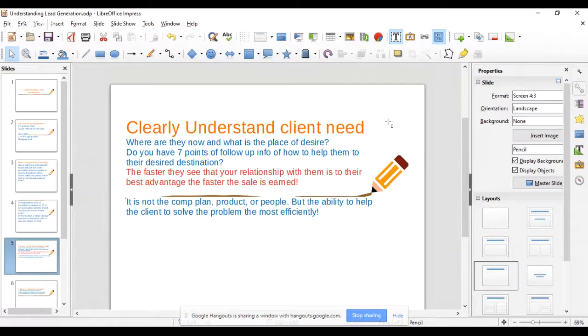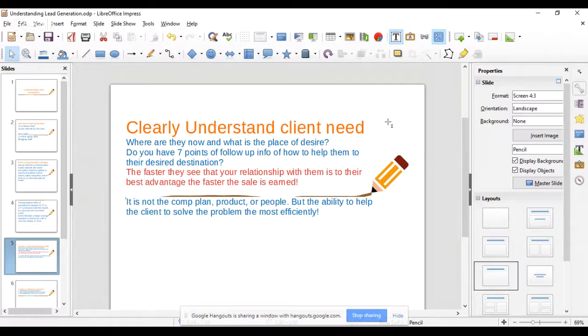Maybe you understand that they would like to earn money from home and they just want a process that has some reality behind it over advertised something-for-nothing hype, held by 92% of the startup companies that go out of business in less than 6 months' time. You see, the faster they see that your relationship with them is to their best advantage, the faster that sale is earned.